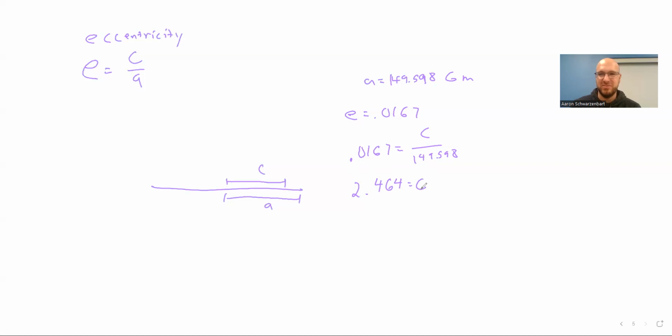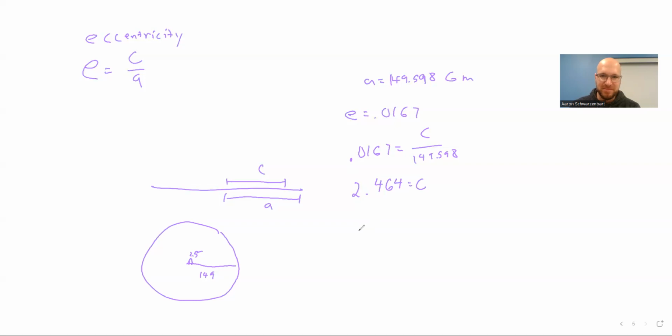The two foci are pretty close to the center of the orbit. In fact, they're very close to each other. We got 150 for A, and 2.45 for C. So that means it's pretty circular. I got this like 149 here, we'll just round that off, and C here is like 2.5. Those foci are very close to the center. The Earth's orbit is elliptical, but it's pretty close to a circle.